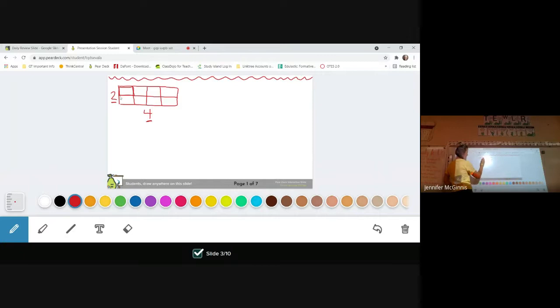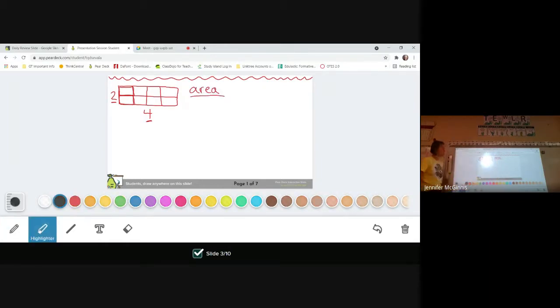Look here. I've got 2 going all the way across my rectangle, correct? And then I have the 4. Now, to find the area, think about the term area rug.